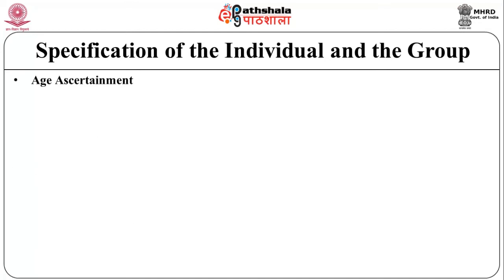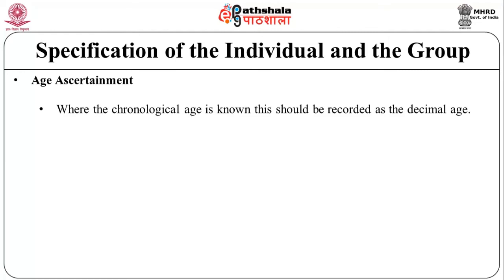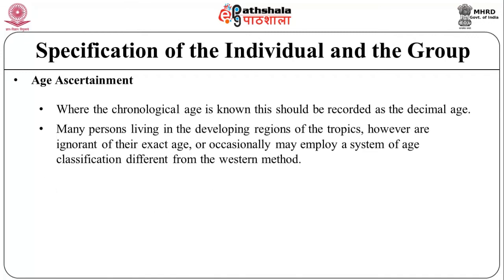The second is age ascertainment, where the chronological age is known. This will be recorded as a decimal age. Many persons living in the developing regions of the tropics, however, are ignorant of their exact age, or occasionally employ a system of age classification different from the Western method.